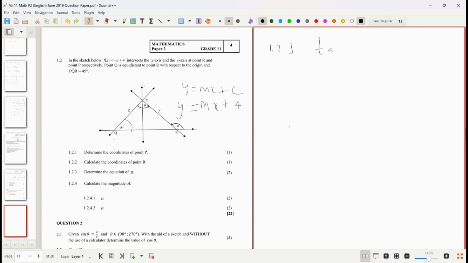Tan 45 degrees will equal the gradient of QP, this one, the graph of G. So the gradient will be tan 45, which will give us the gradient of QP.